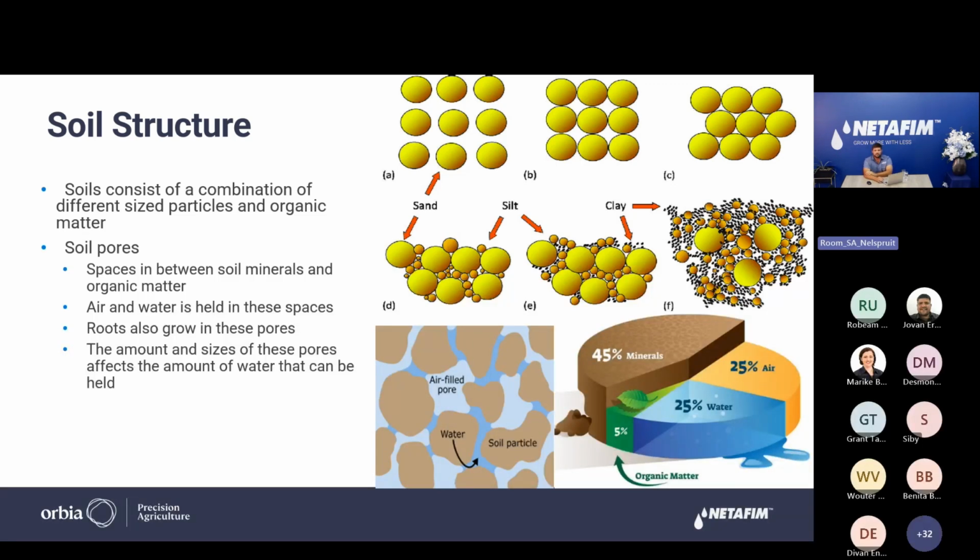And it's very important because your air and your water are held in these pores, and your roots also grow in these pores. The amount and sizes of these pores affect the amount of water that can be held in your soil. Again, that previous picture is just showing the pores combined with some of the soil particles, and the water is held in those pores.